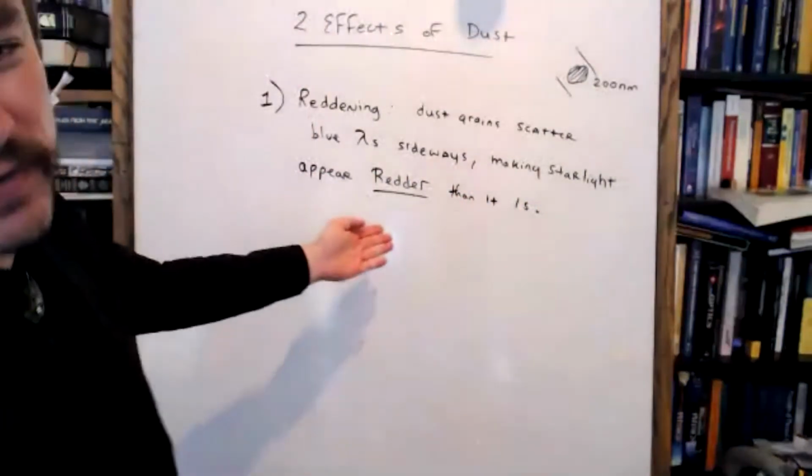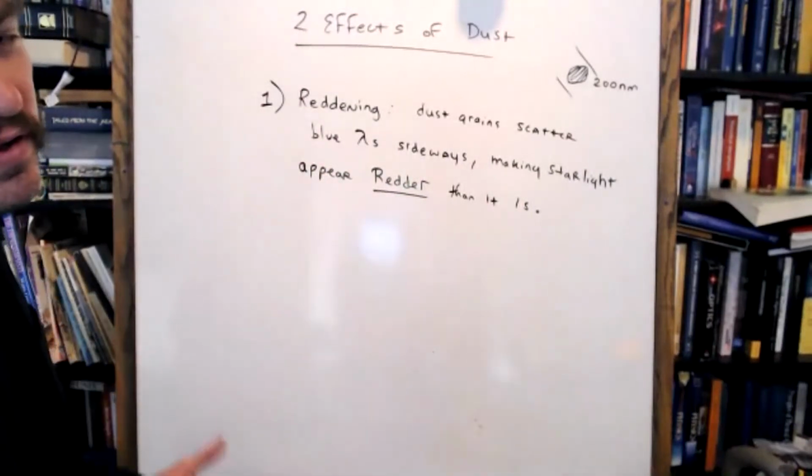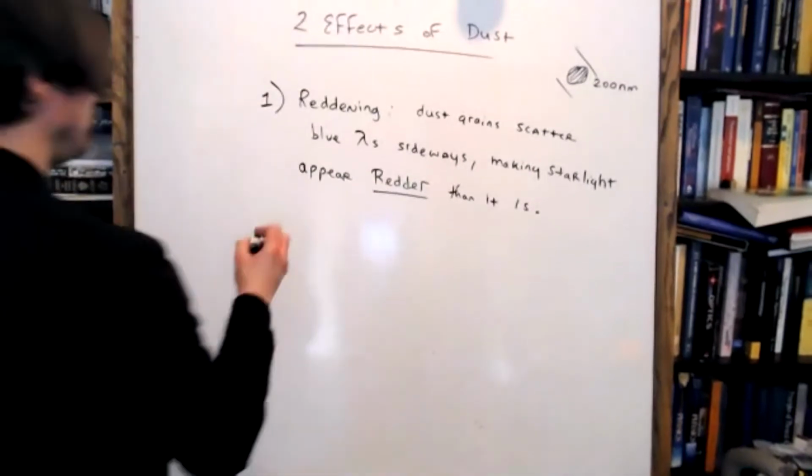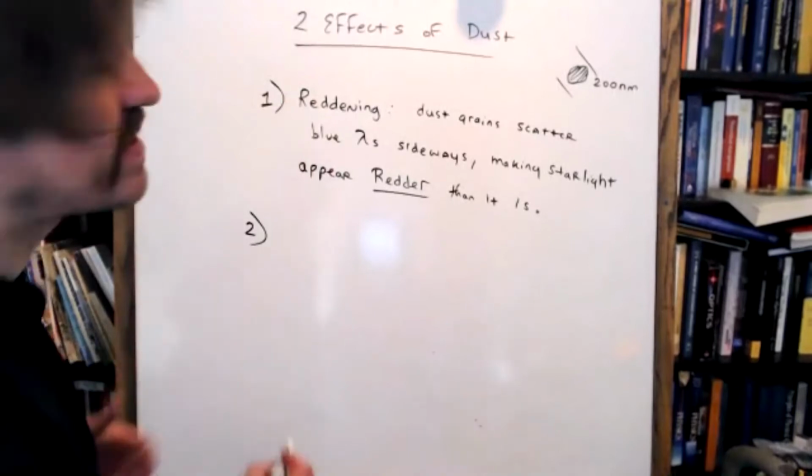And you guys can understand that if you change the color of a star, that's going to affect your perception of its spectral type. So this matters a lot for astronomers. The second is a more extreme version of reddening called extinction.